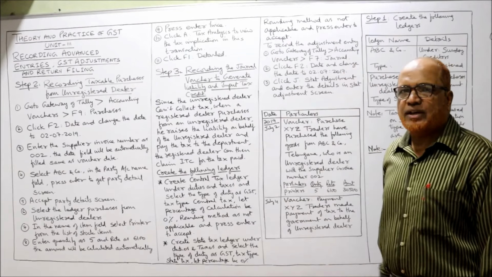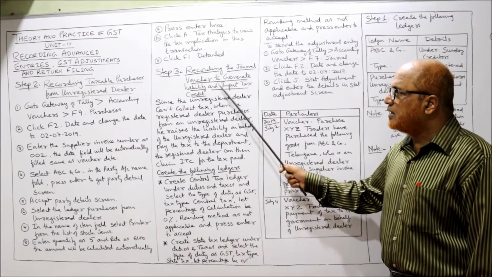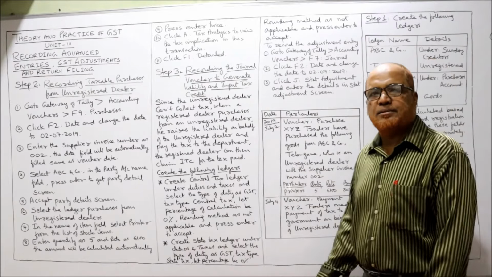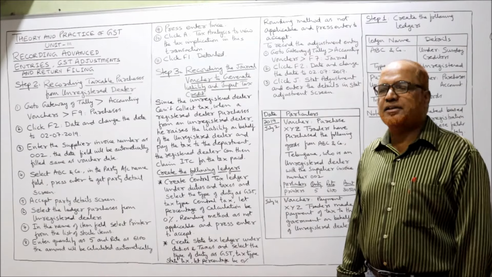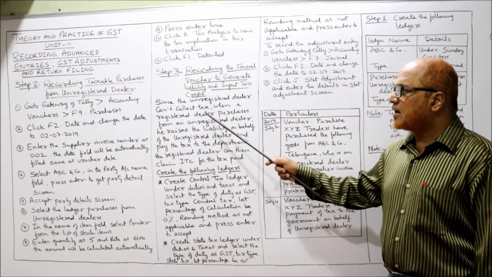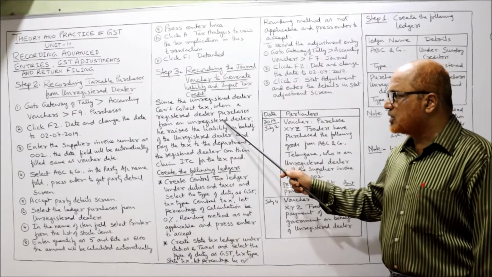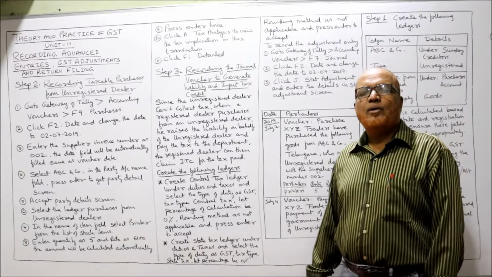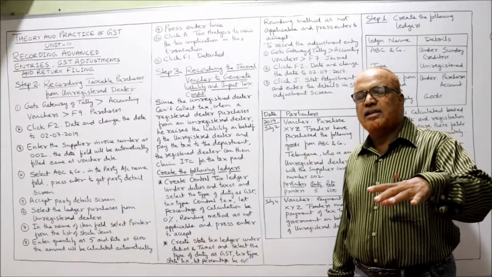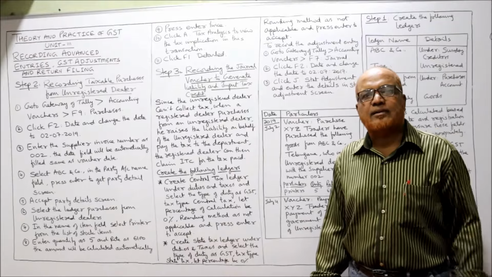Now step number 3. Recording the journal voucher to generate liability and input tax credit. Since the unregistered dealer can't collect the tax, when a registered dealer purchases from an unregistered dealer, he raises the liability on behalf of the unregistered dealer. When we purchase goods from an unregistered dealer, the dealer will not collect or pay the tax.